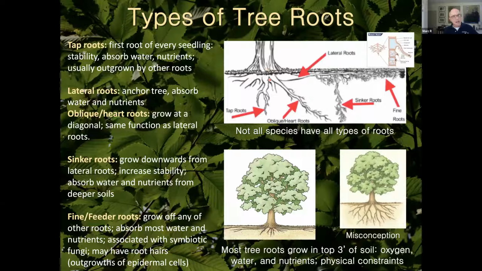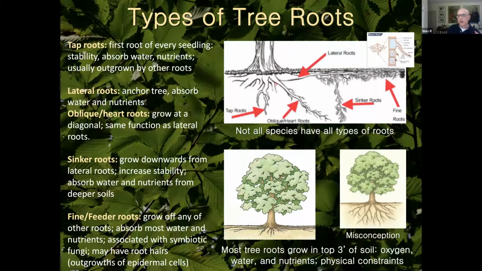Most of the time, that taproot is outgrown by other roots. Most often by these lateral roots that grow parallel to the surface of the soil and often close to the surface of the soil. And those also lend the tree a lot of lateral strength. And like the taproots, just about all the roots can absorb water and nutrients from the soil.